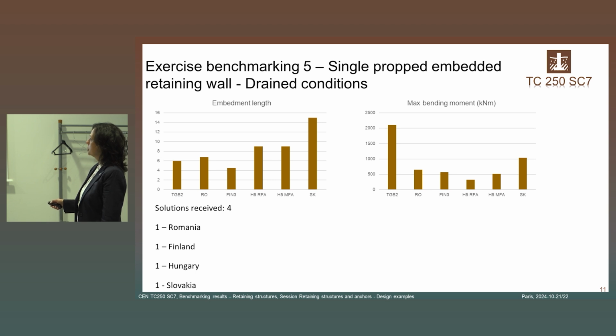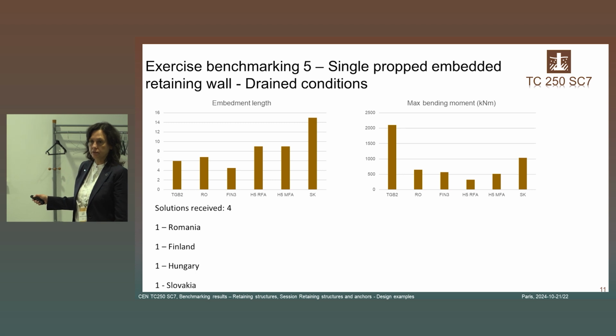In Romania, very close to this, a little bit less, the smallest value found by Finland. We had only one solution from Hungary, but with 2 approaches, RFA and MFA, very similar.